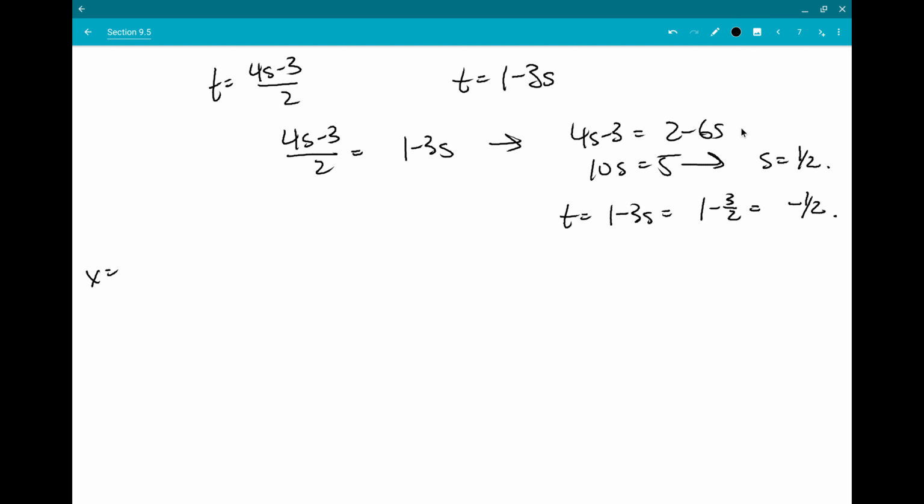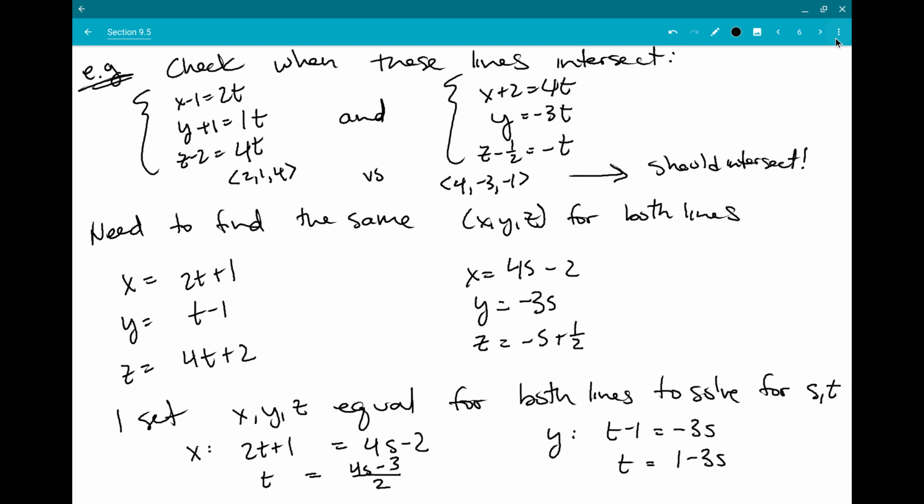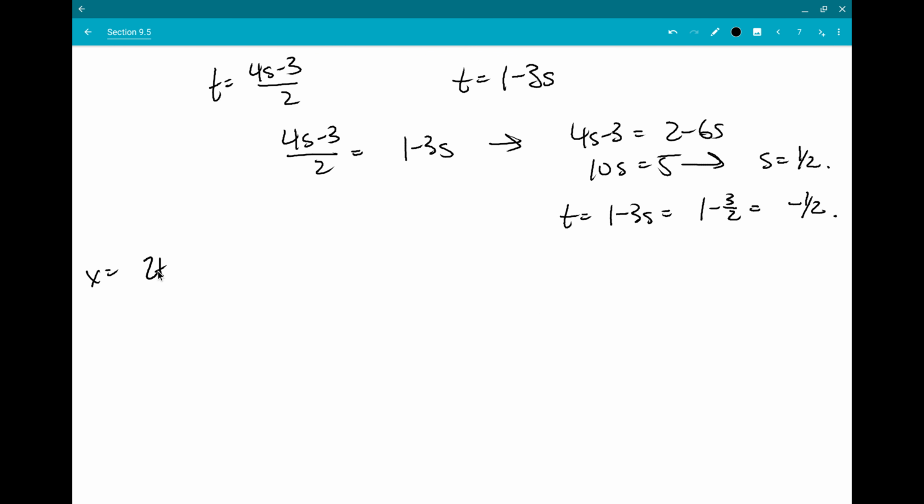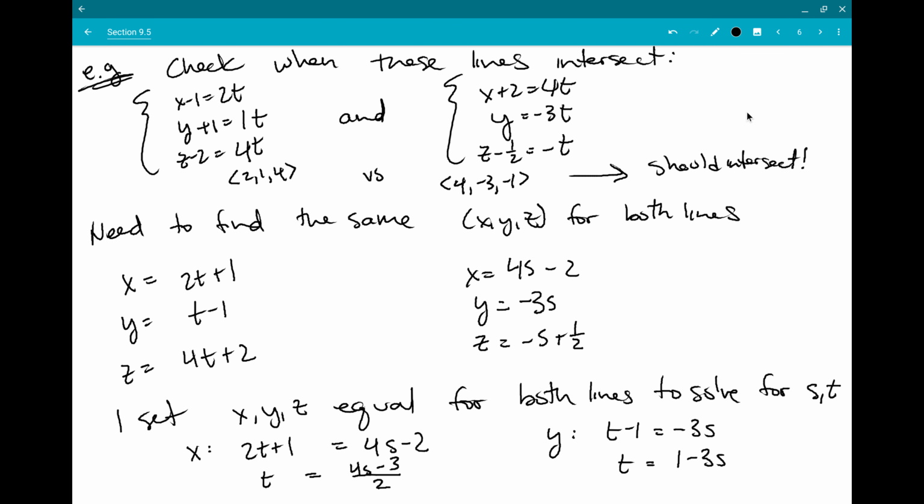Actually, I'm going to have to copy all these over: 2t plus 1, t minus 1, 4t plus 2. Yours is easier. It's all in order, so you don't have to recopy this stuff.